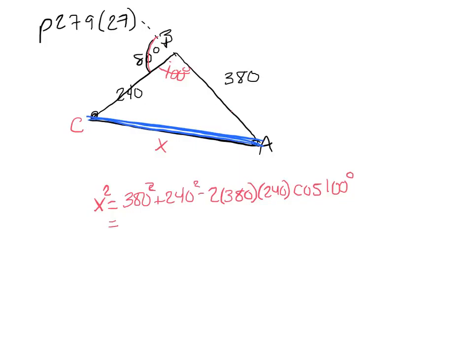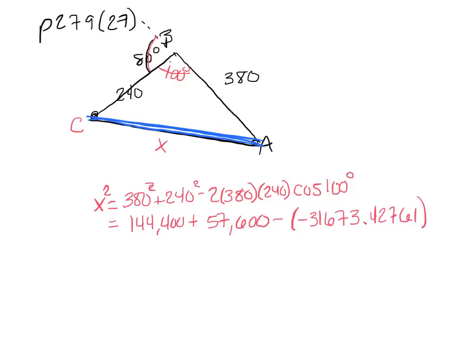Cosine of 100 degrees. 380 squared is 144,400 plus 240 squared is 57,600 minus 2 times 380 times 240 times the cosine of 100, which is negative 31,673.4276-ish.